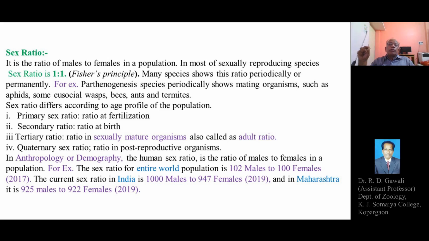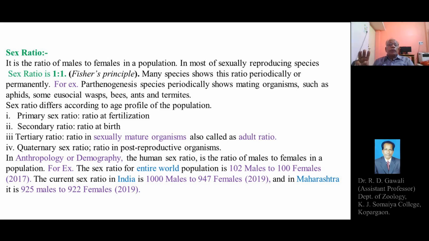Primary sex ratio is the sex ratio measured at the time of fertilization. Then the secondary ratio at birth: when individuals are born, we can identify and differentiate male and female and calculate the sex ratio, male to female, at the time of birth.